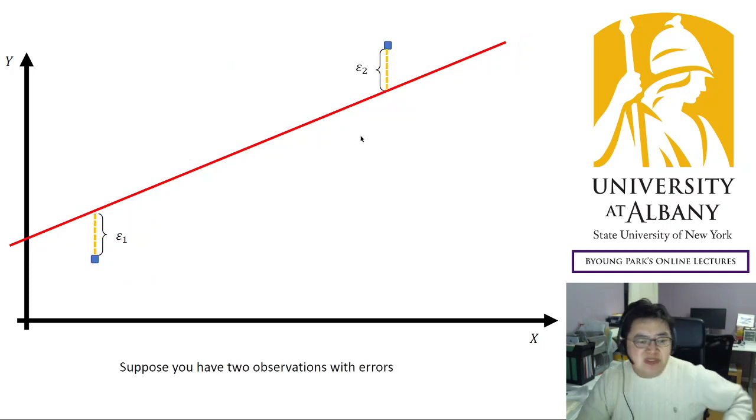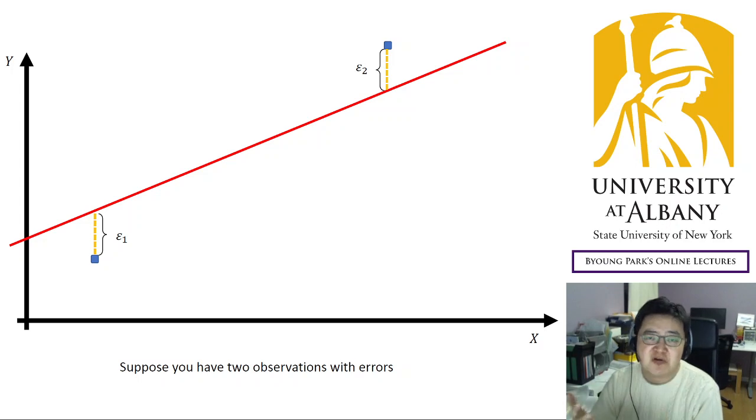Suppose that you have two observations, but those two observations have their own error terms. The first observation has an error term of epsilon 1, and the second observation has its own error term of epsilon 2. I'm going to maintain the same amount of errors.